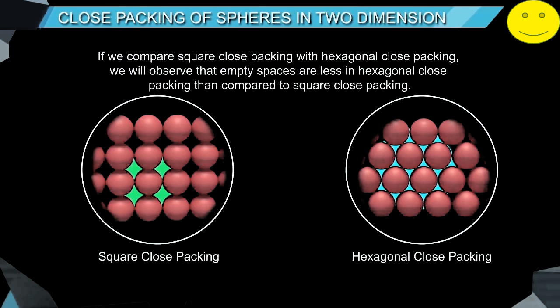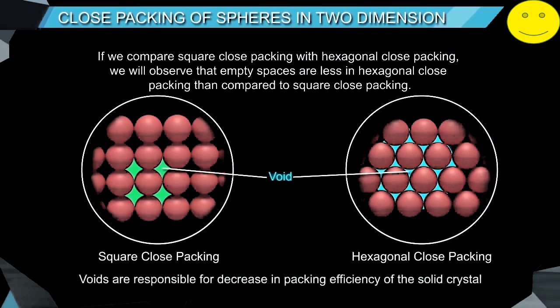The empty space in between the spheres is called a void. These voids are responsible for decreasing the packing efficiency of the solid crystal. The more voids, the less the packing efficiency of the crystal. Now you must be wondering, what is the meaning of packing efficiency? We will discuss this in the latter part of the section.